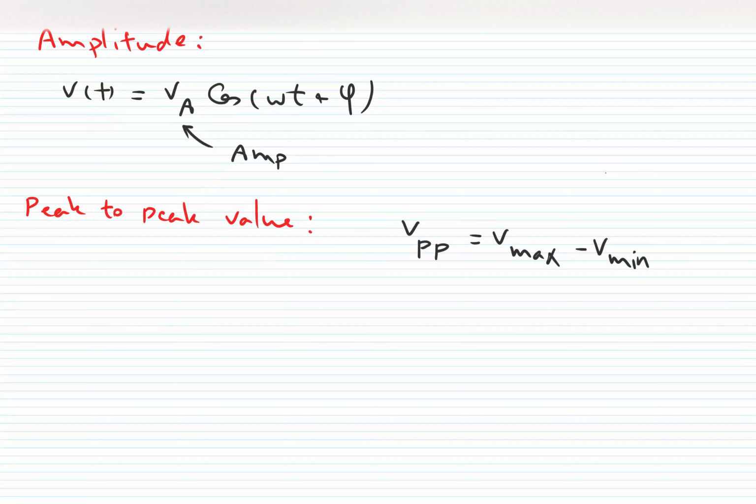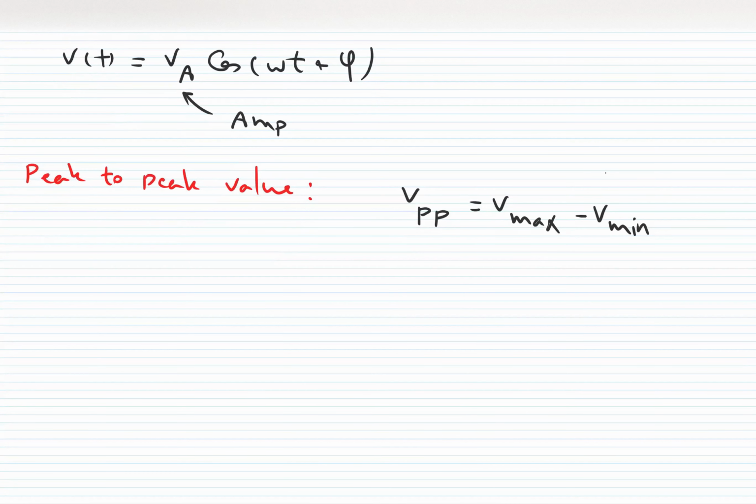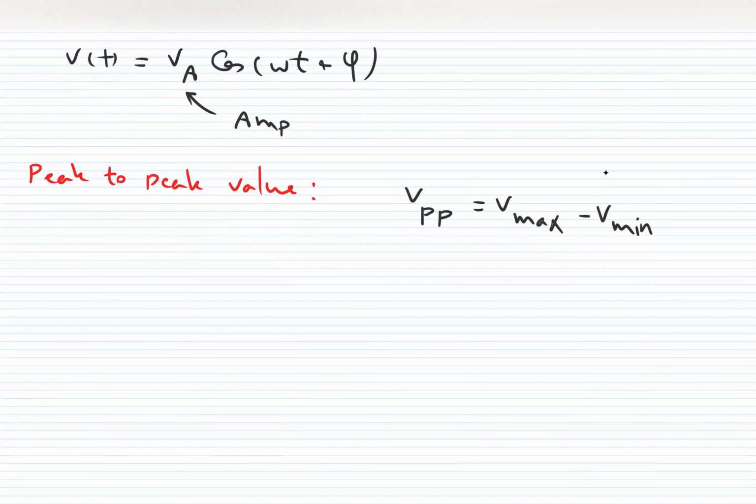Before showing the peak to peak value in an example, let's see the second type of amplitude, which is peak value.